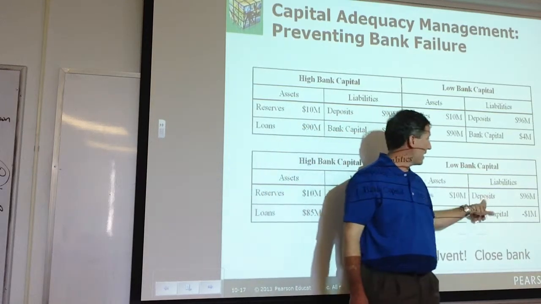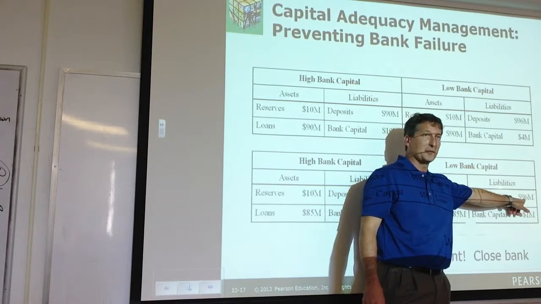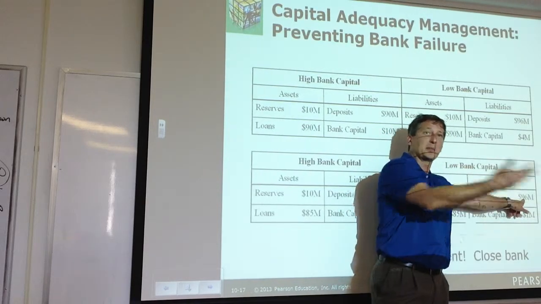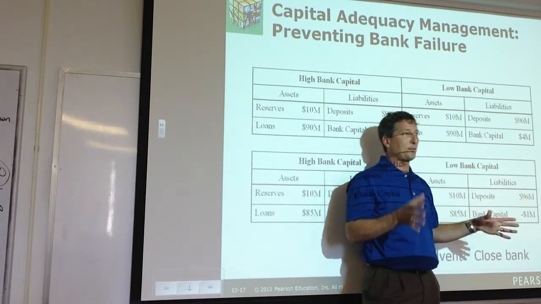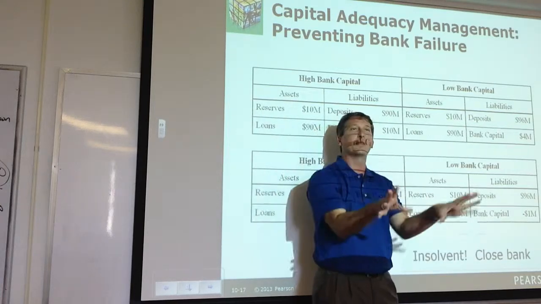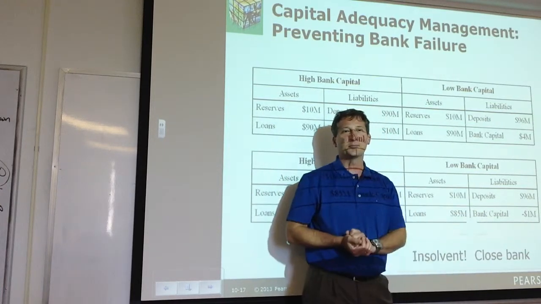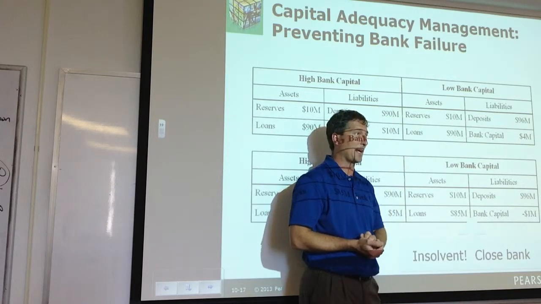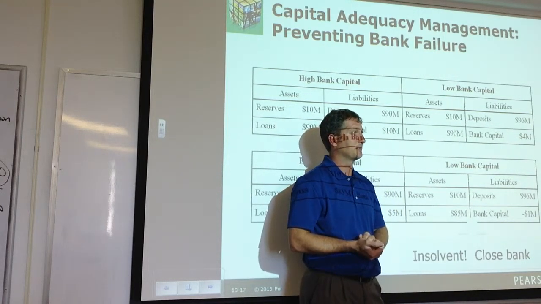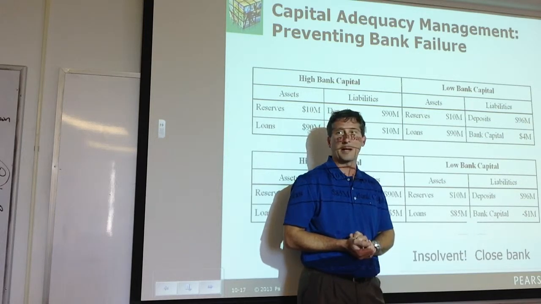Because the deposits are not their money. Somebody put deposits with the bank. If I was to sell everything I got, can I pay everybody back with the bank's assets? Can I pay all the people that have money at my bank back?